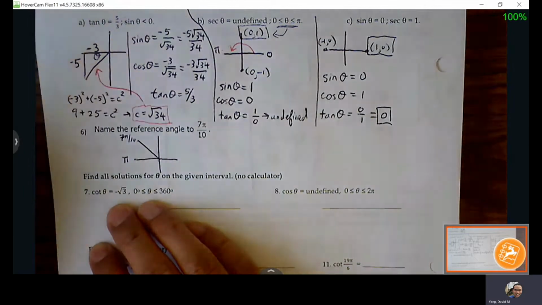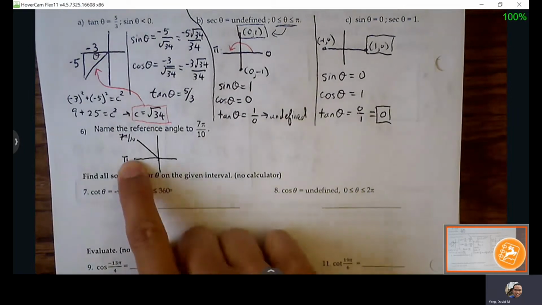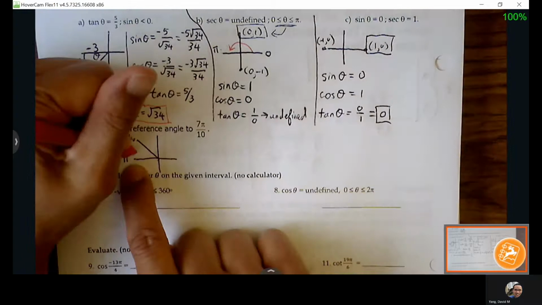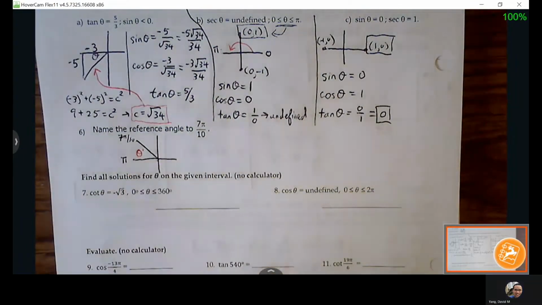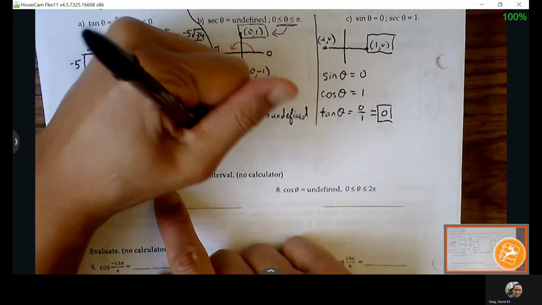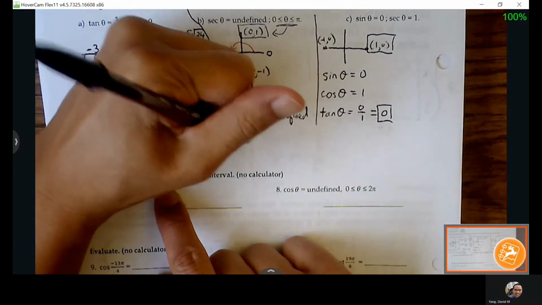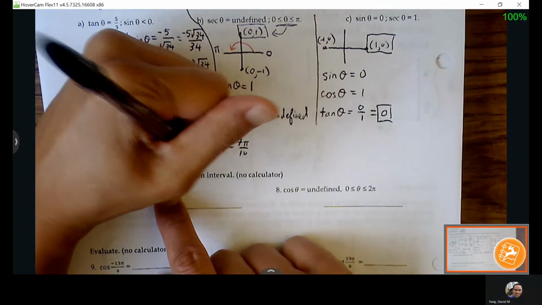And if you know that you're in the second quadrant, your reference angle is always going to involve the x-axis. So in this case, the closest x-axis is the 180 degree, or in this case, pi. We subtract those two. We can get a radian measure between 0 and pi over 2. Okay.